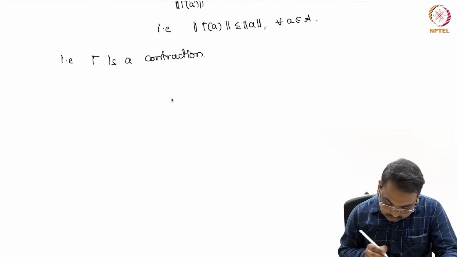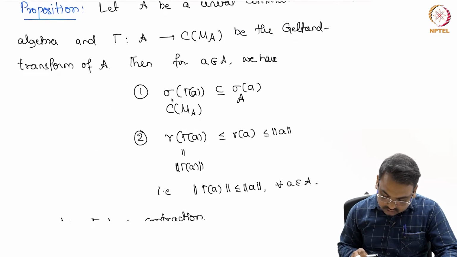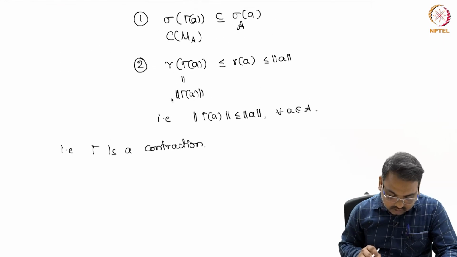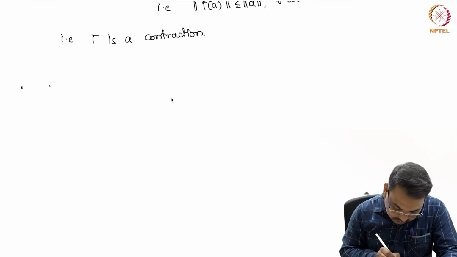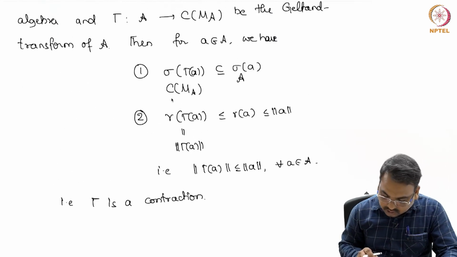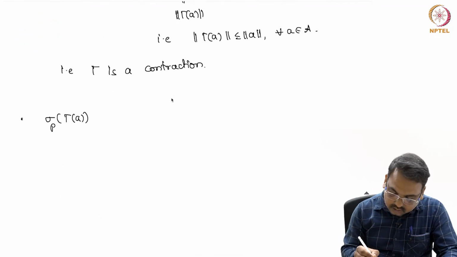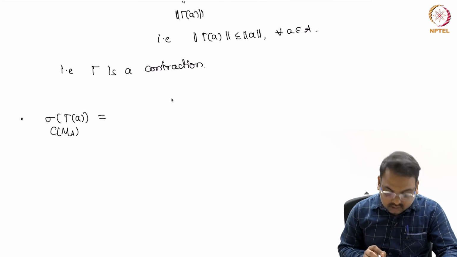Now let us look at the spectrum of gamma A with respect to the algebra. The codomain algebra here is C of MA. Gamma A is a continuous function on MA.